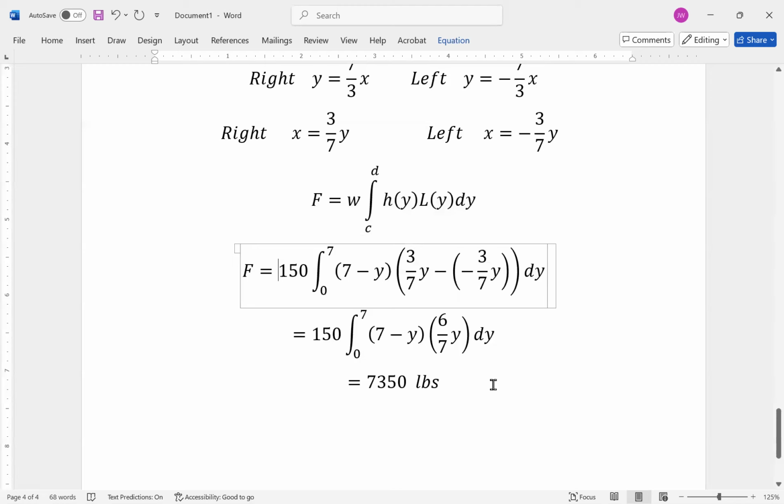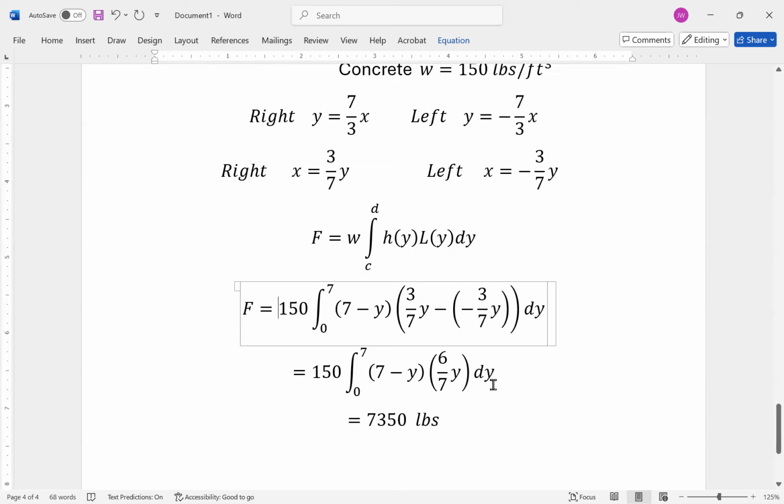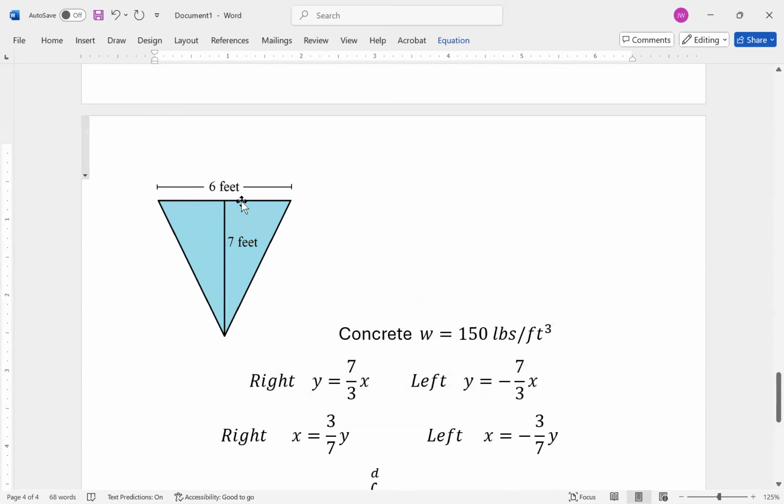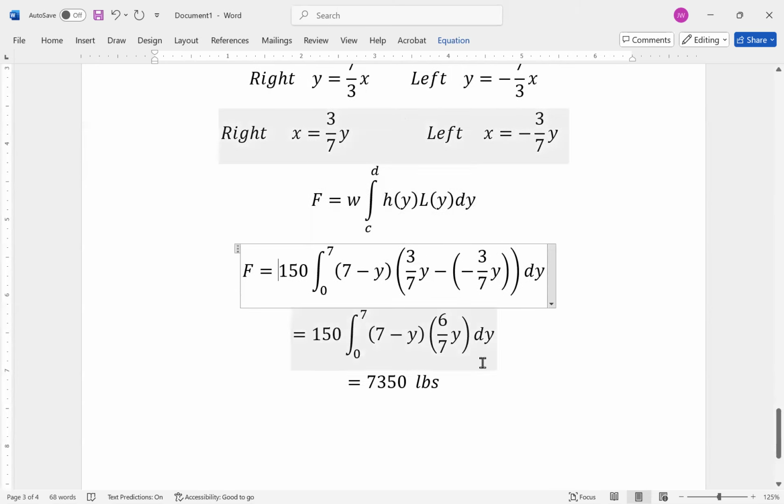So if we change the liquid, we just change the weight density. Everything else stays the same. And then if we're submerging our vertical plate or we're filling up some tank and this vertical plate represents the side of the tank, then it's the exact same. So this is the calculation in this case.